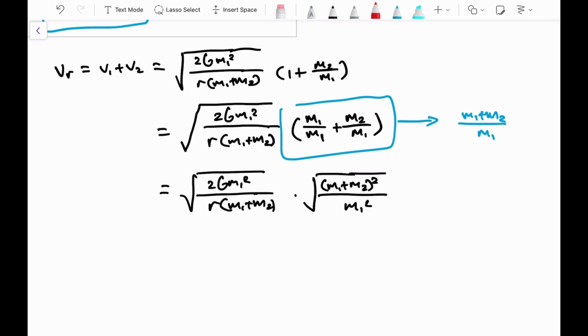And then we can see that this cancels out, this cancels out, this one and this one cancel out. What's left would be 2G times m1 plus m2 over r.